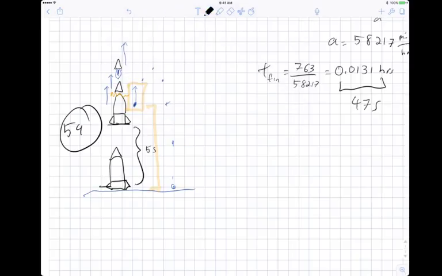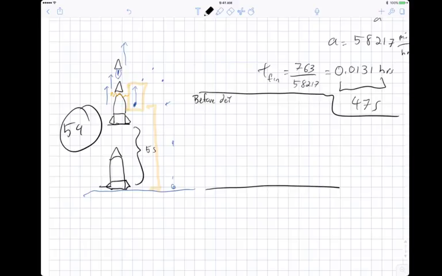So we're going to do this in two stages. Before detach, after detach. And we're going to use the answers from this part, from before, to start this question.